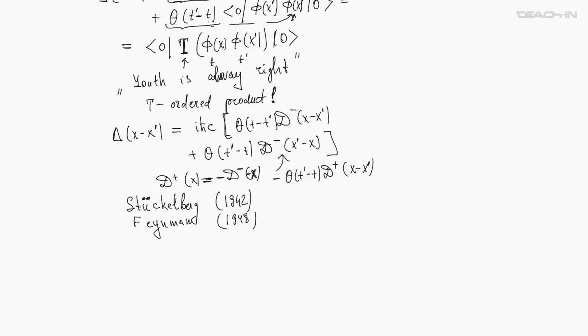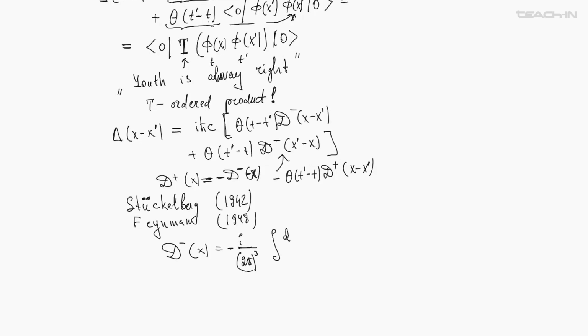Anyway, let us consider this Feynman propagator in more detail, and it is useful to repeat the same exercise as we did for the retarded Green's function. So we take again the integral expression for D minus. This is, as we said, d^3k divided by 2k0.